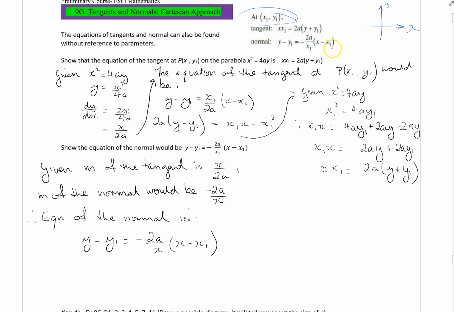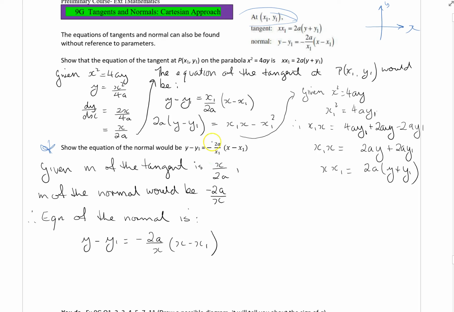They've done nothing to it, substituting into that general form for getting the equation of a line, given the point and the gradient. So that is really easy to show, which is what this question is saying: show the equation of the normal would be y minus y1 equals m, x minus x1.